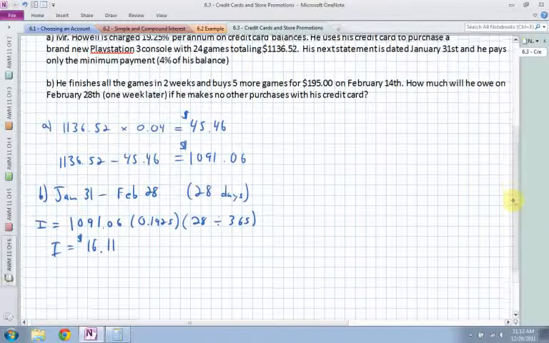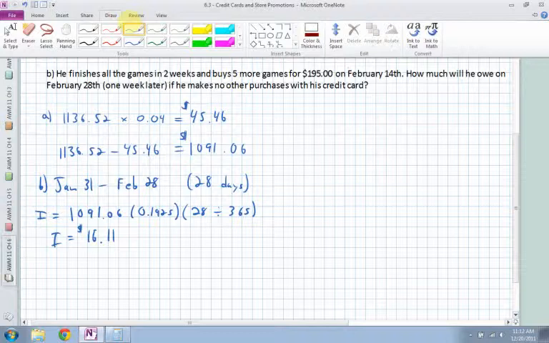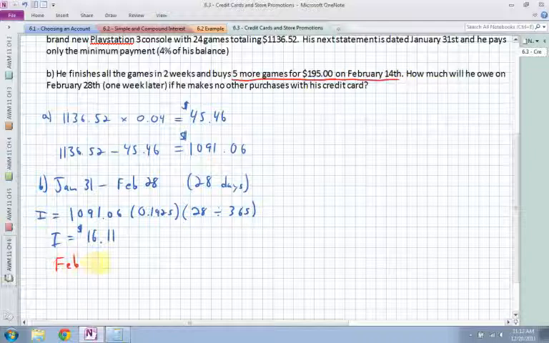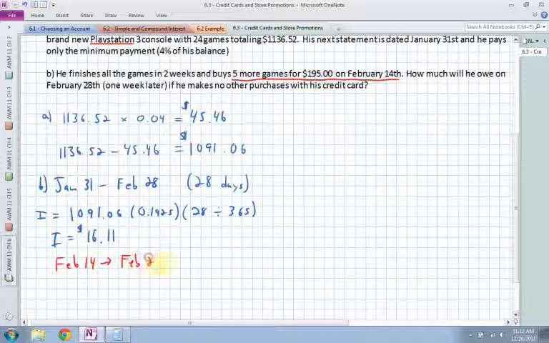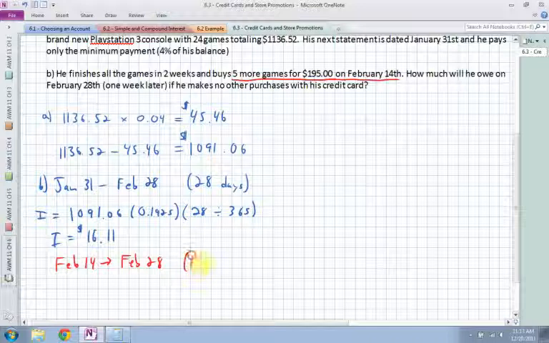Next thing we have is, well, he buys 5 more games right here, 5 more games for $195 on February 14th. So from February the 14th to February the 28th is a total of 2 weeks or 14 days.